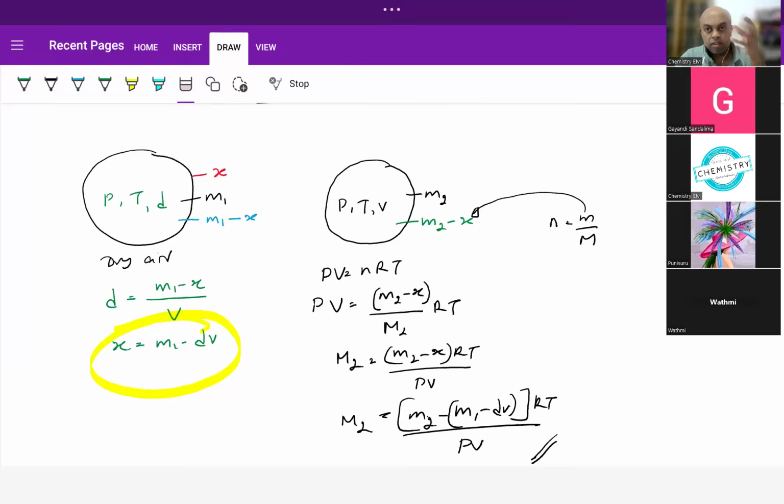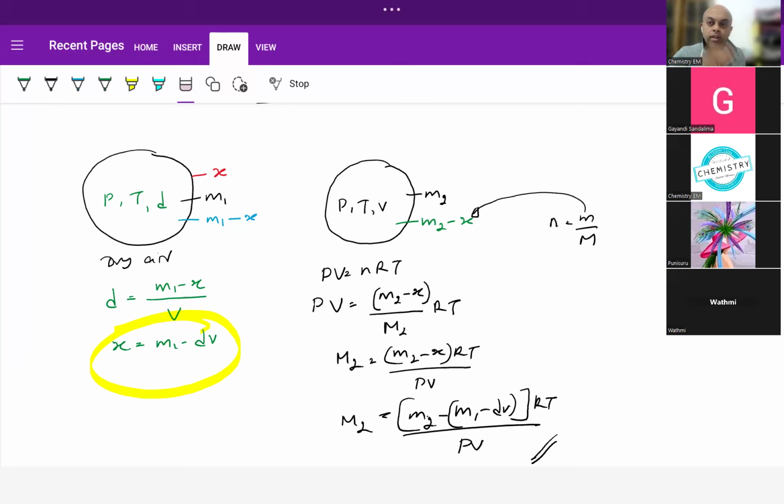So the mass of the gas, M1 minus X, divided by V is equal to D. So I can get X by using this: X should be M1 minus dV. Very simple because these are known things.